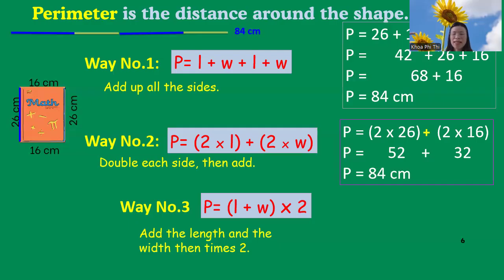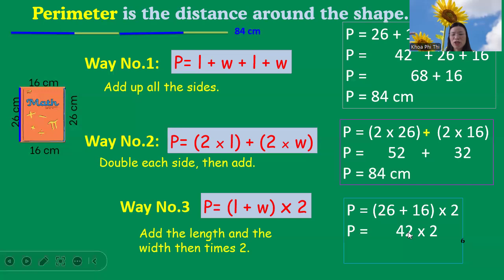Now let's try with our example. First, we add a pair, the length and the width. 26 plus 16 equals 42. And 42 times 2 equals 84. It's the same, 84 centimeters again. This is way number 3. Is it the shortest way to solve the problem?